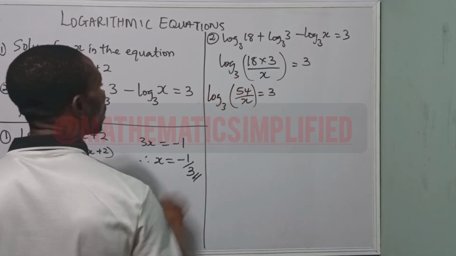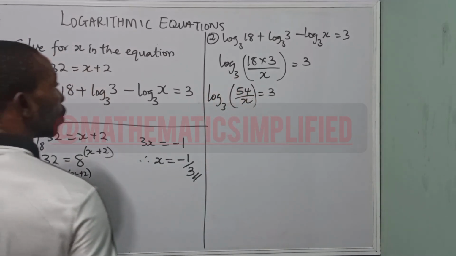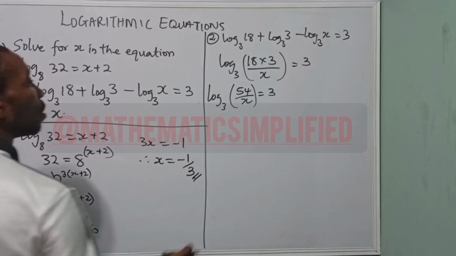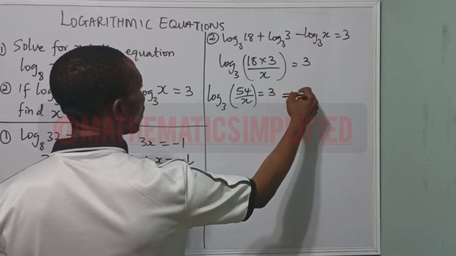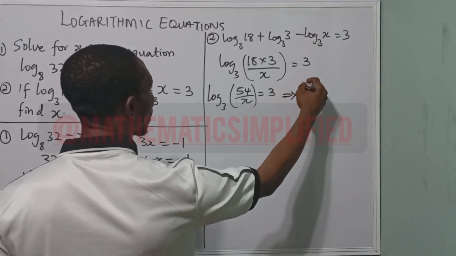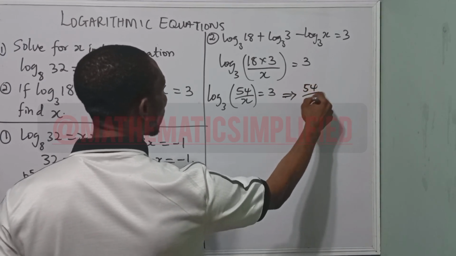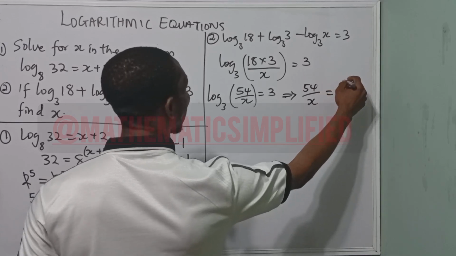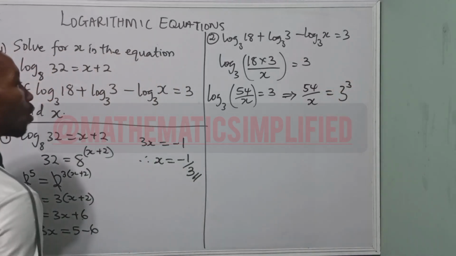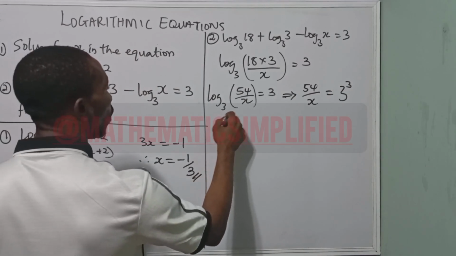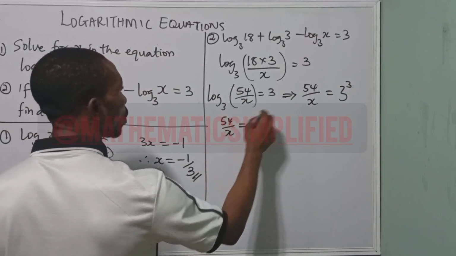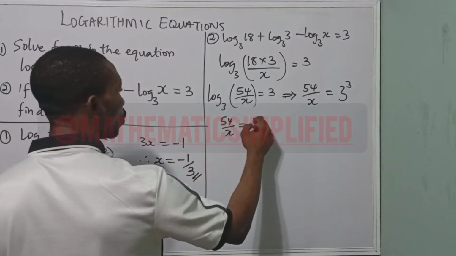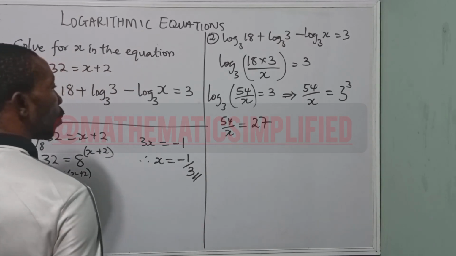Let's not forget that. Before we cross multiply, let's rewrite this using our log rule. Then this becomes 54 over x equals 3 raised to 3. 3 times 3 is 9, 9 times 3 is 27.